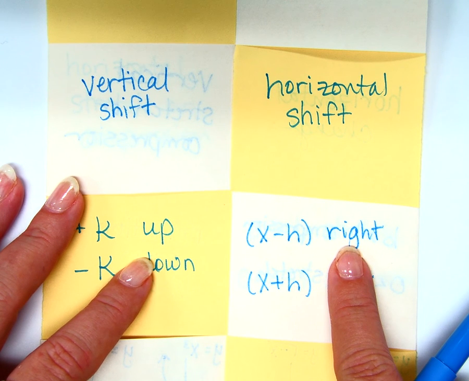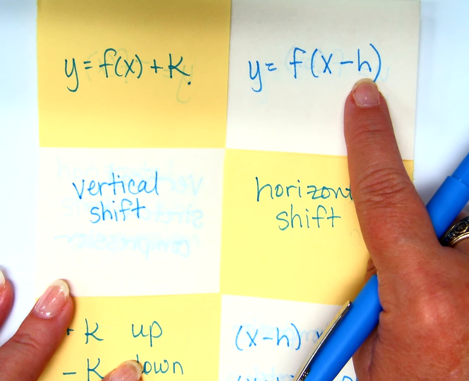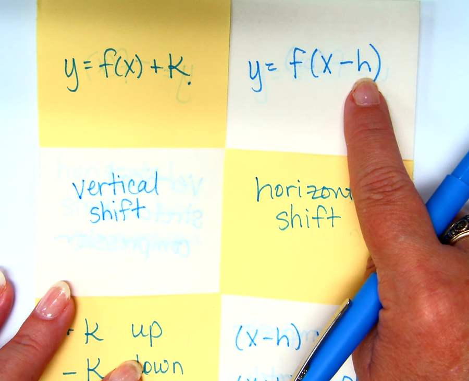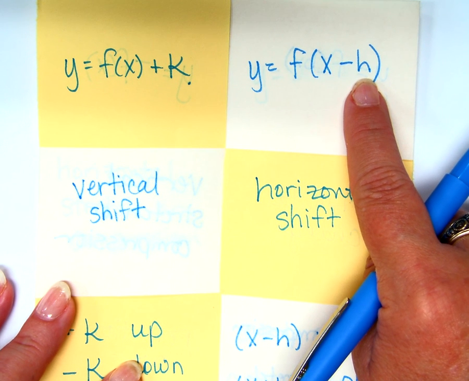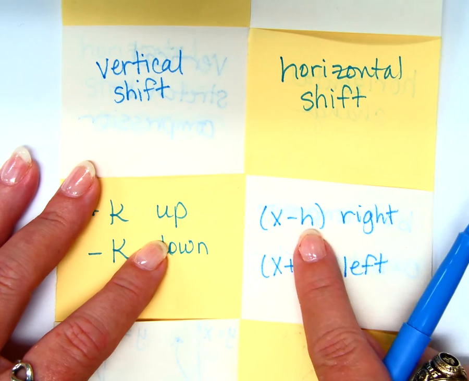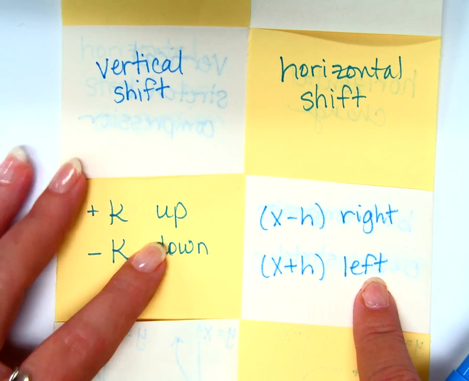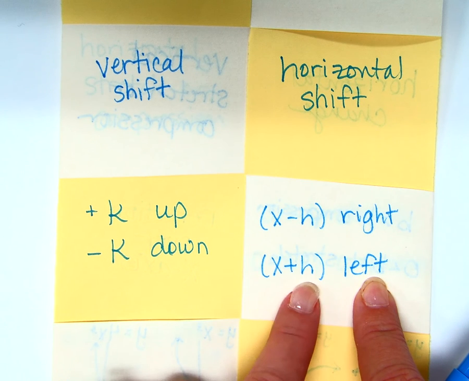Does that make sense? If it says x plus 3, what's the actual value of h? Negative 3, because it says x plus 3, right? Which is why we go left, because the actual value of h is negative 3.